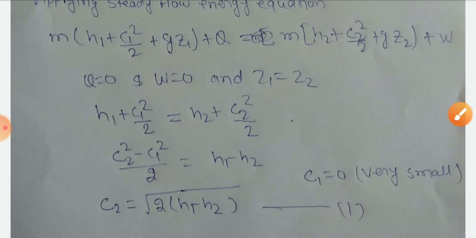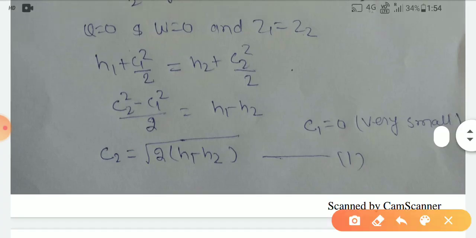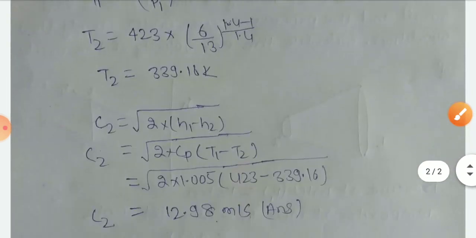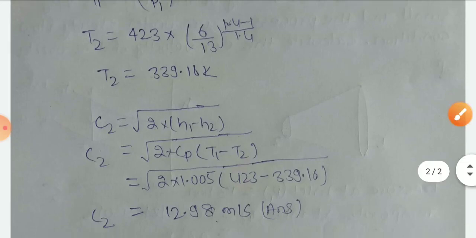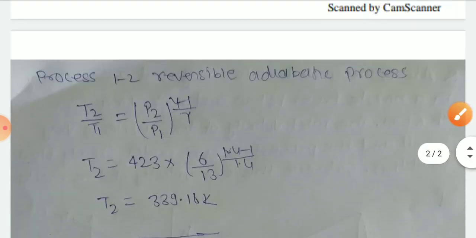So you can write c2 equal to the square root of 2 (h1 minus h2). Now I can also write c2 is equal to the square root of 2 into cp into (T1 minus T2), because enthalpy is not given but temperature T1 is, and T2 you can find with the help of process 1 to 2, which is a reversible adiabatic process.